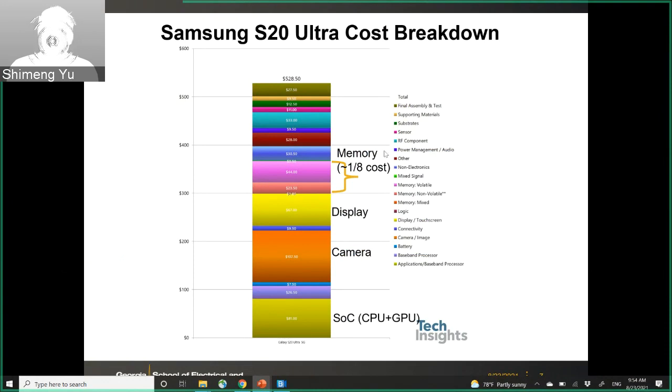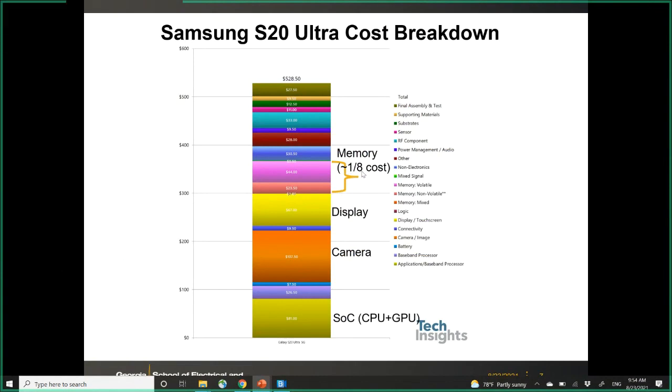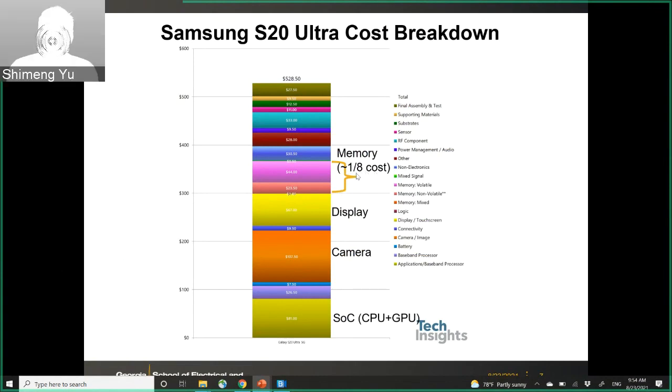Here is a breakdown of the cost, and you see so many modules in the smartphone. Here we highlight the memory contribution. About 1/8 of the cost is for the memory. Of course, the memory here includes the DRAM and the NAND flash, so two components.